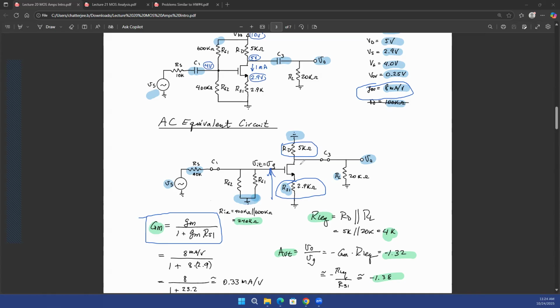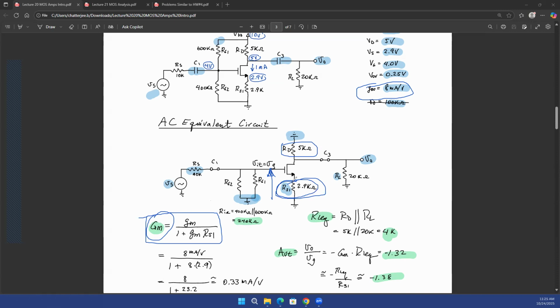This uppercase Gm creates the relation between the voltage at the gate of the MOSFET and the current that flows through the drain, in the scenario where you have a source degeneration resistance connected to ground.